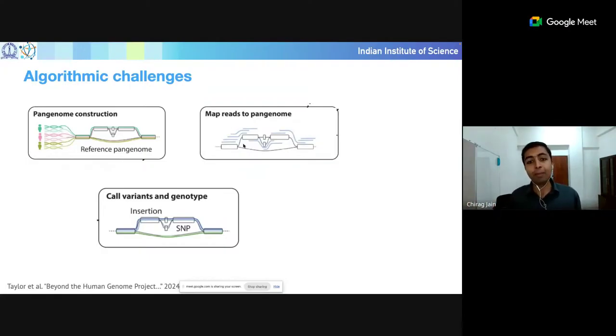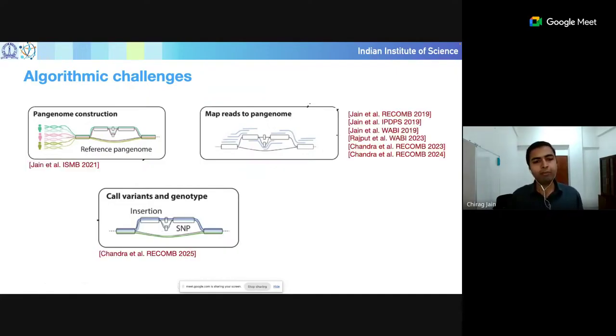Similarly, mapping reads to a pangenome graph is another challenge because now there are a lot of combinatorial possibilities in the graph. And finally, calling variants, even once we have accurate read alignments, whether from a short-read or long-read sequencing dataset, in the target sample using a pangenome reference is also challenging.